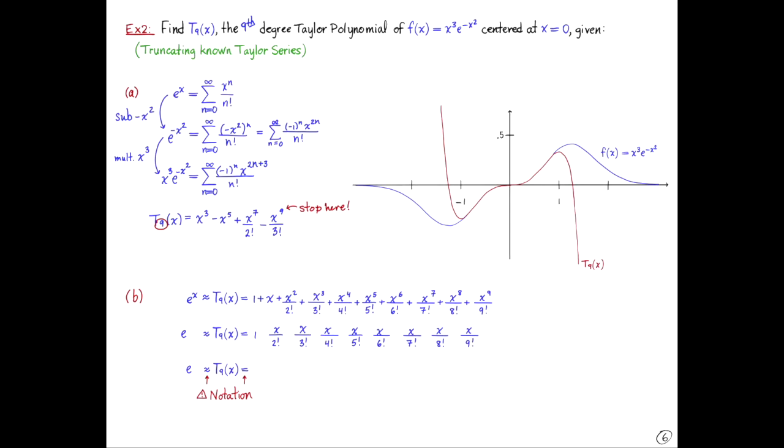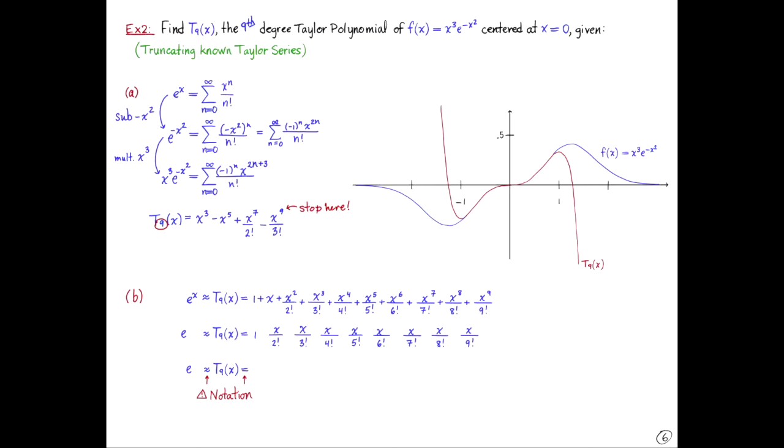In part B, we're given that e to the x is approximated by the 9th degree Taylor polynomial, which is equal to 1 plus x plus x squared over 2 factorial plus ... all the way up to x to the 9th over 9 factorial.